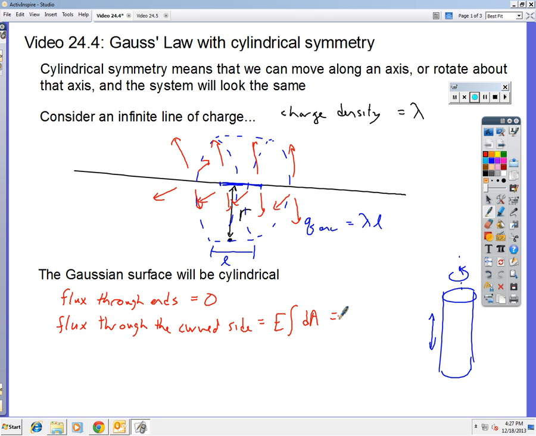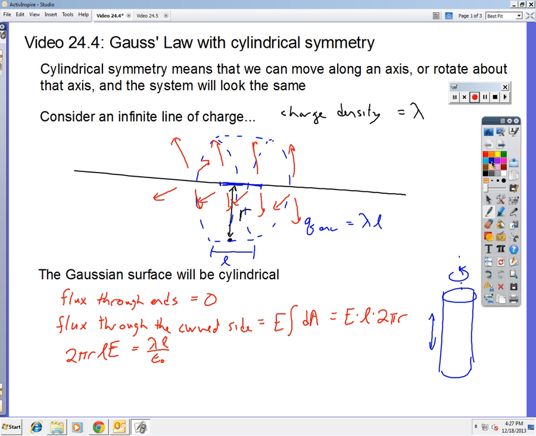You can imagine unrolling that into a rectangle, which would have width L and a length of 2 pi r. So the total flux is 2 pi r L times the electric field, and we set that equal to the enclosed charge, lambda L, divided by the permittivity.